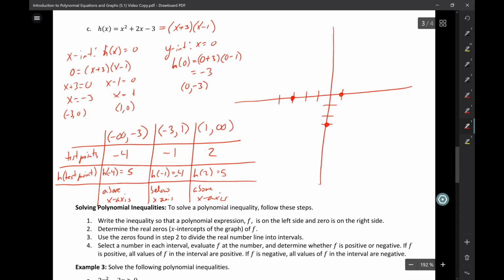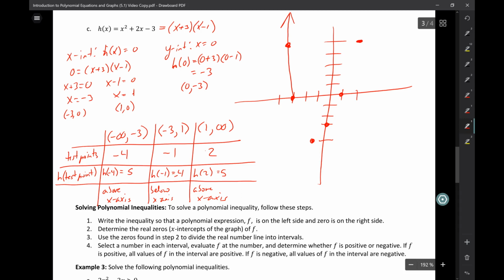So we have negative 4, 5. We also have 2, 5 here. And we have negative 1, negative 4. Therefore, what we know from negative infinity, so from here to here, from negative infinity to negative 3, we know it always has to be above the x-axis, so it must extend up that way.